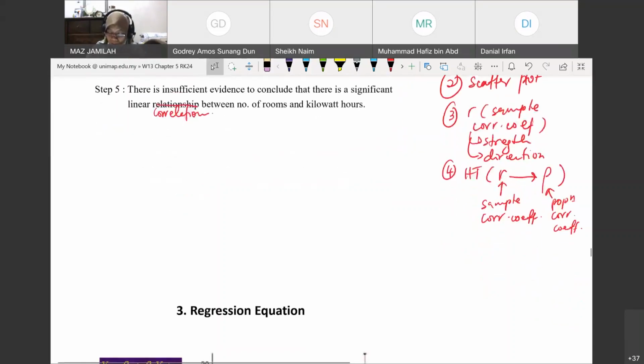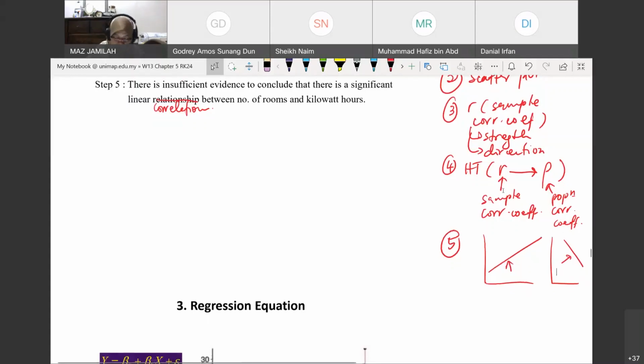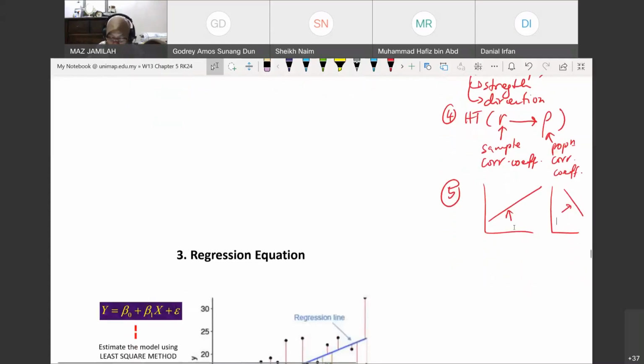Now, what else? We haven't talked about the model. So we don't know how the equation of our straight line looks like. What does the model for this particular line look like? Okay, so the next part will be regression equation.